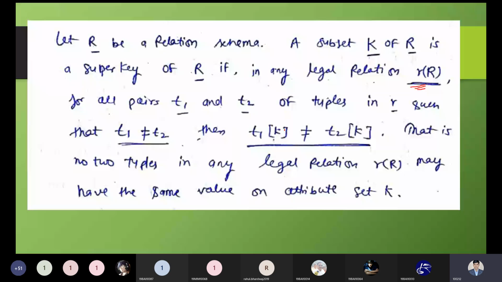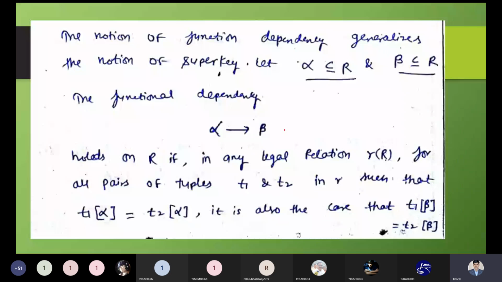So the notion of the functional dependency generalizes the notion of the super key. Let alpha be a subset of R and beta be a subset of R. Now, what is alpha and what is beta?